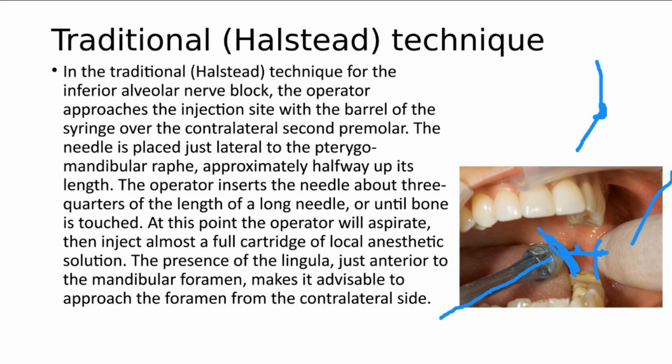It is the contralateral second premolar. Find the second premolar. You count central incisor, lateral incisor, canine, first premolar, second premolar. So add the second premolar, go with the needle, and go to this point.